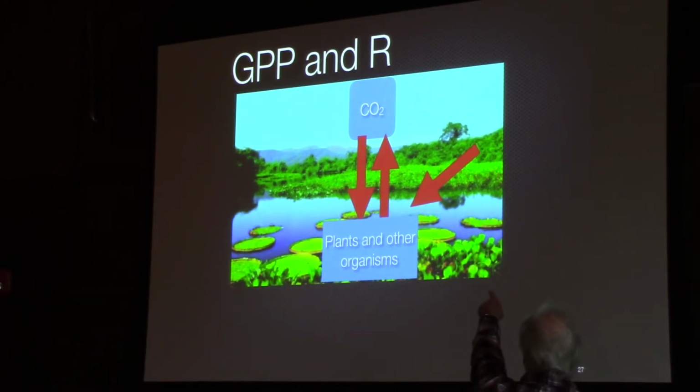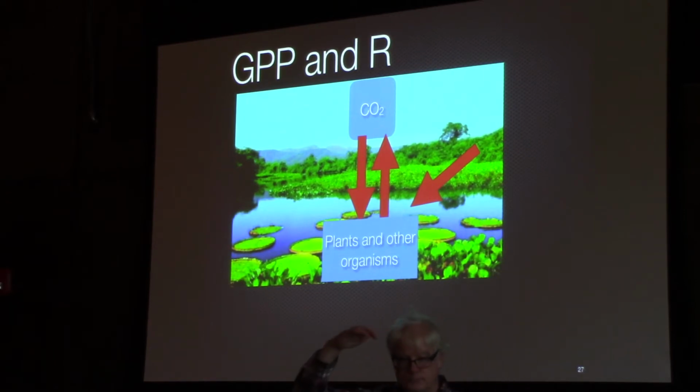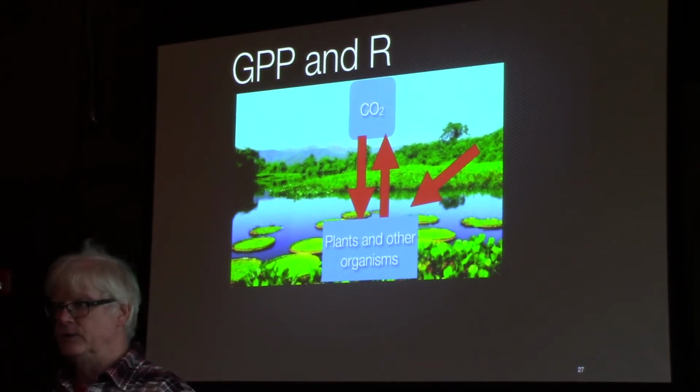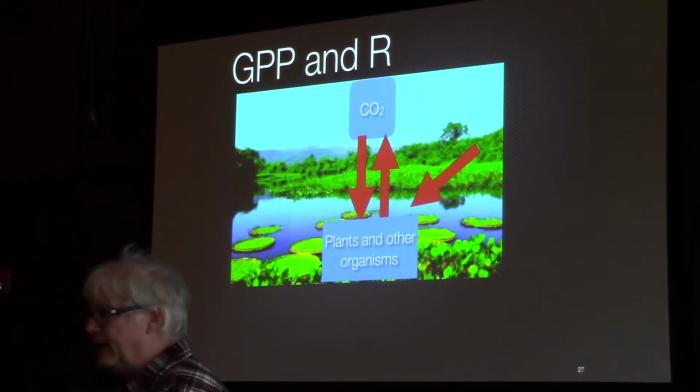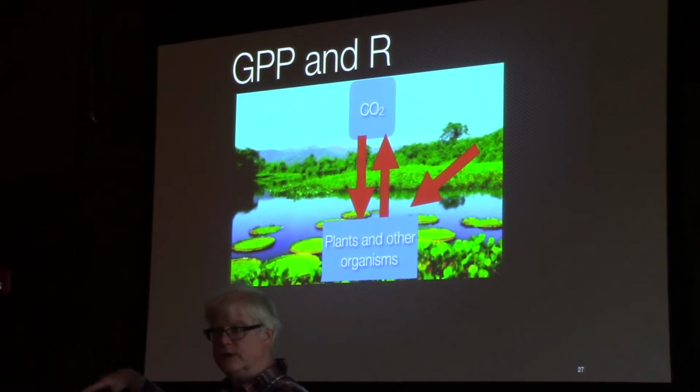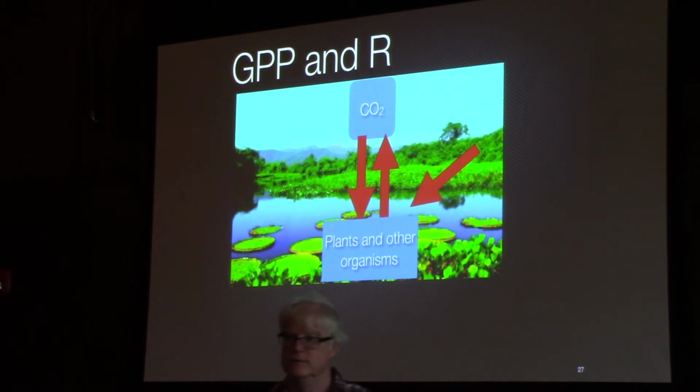And one of the ways that this is important is a lot of work has shown that most lakes basically consume more oxygen than they produce, okay? One of the reasons for that is if you have a lot of material coming in from outside the watershed, you can consume more oxygen or produce more CO2 than what you're generating through photosynthesis, okay?